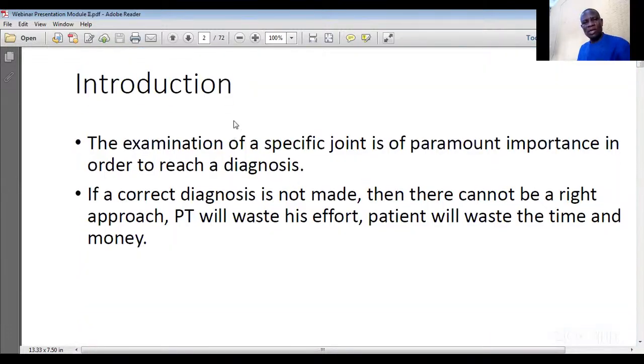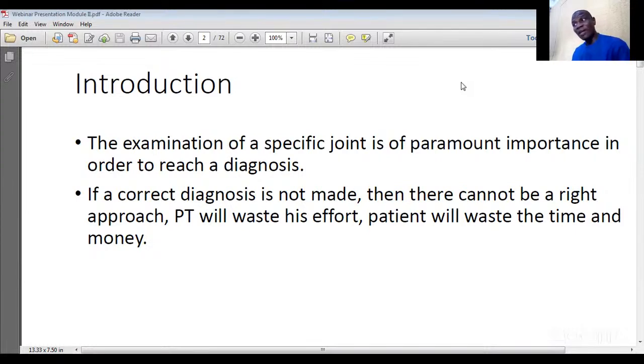When we talk about examination, examination is very much important in the management of any joint, because there you are able to reach the diagnosis. If a correct diagnosis is not made, there cannot be a good or right treatment approach.